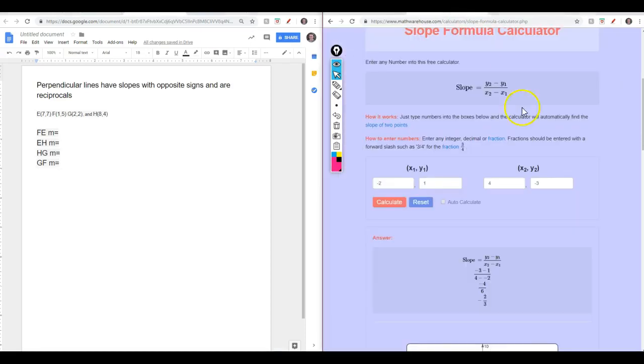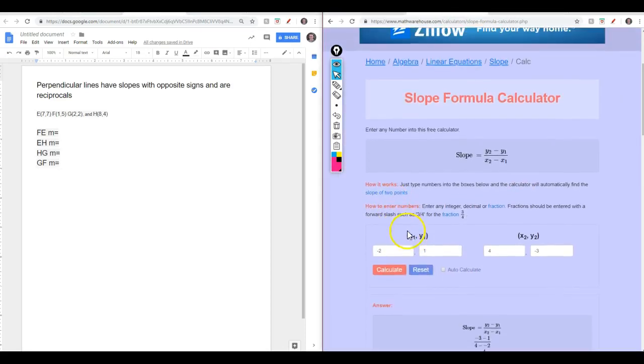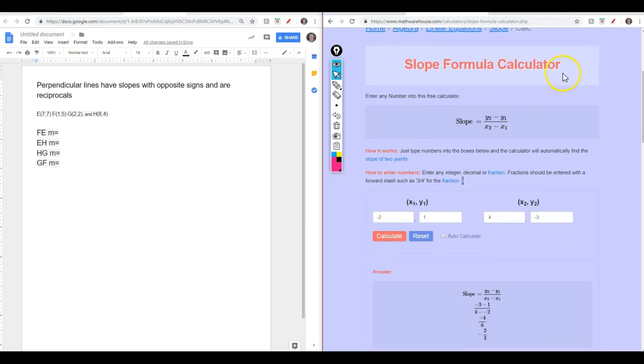So I'm going to jump over here, and this is the slope formula calculator by Math Warehouse. So point E is at (7,7), and point F is at (1,5). Calculate, it comes out to be 1/3.